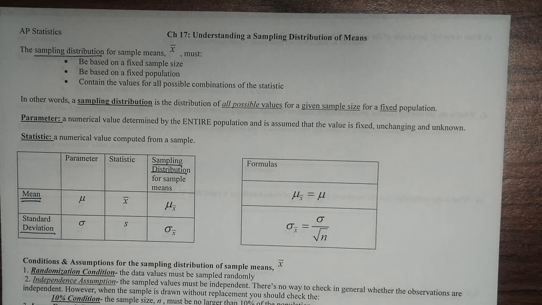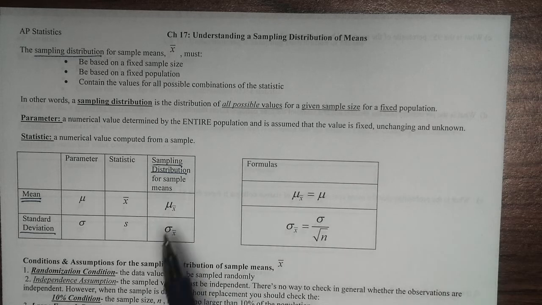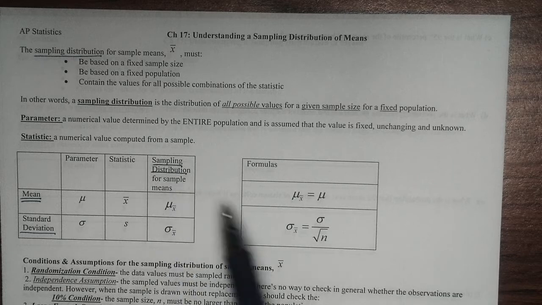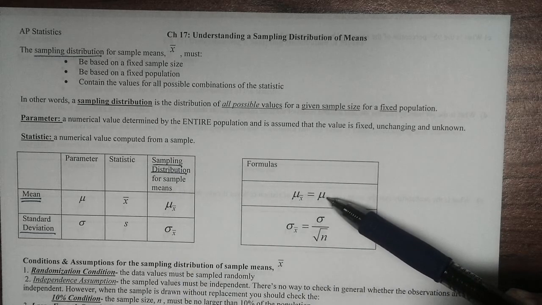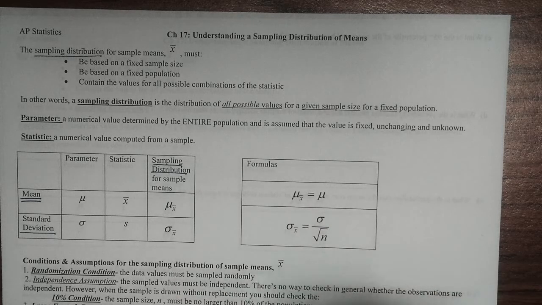Finally, the last thing you'll need to know are these formulas. The mean of the x bar, so remember, the mean of the sampling distribution will always equal the mean of the population. Let me write that down in words because you need to know that.